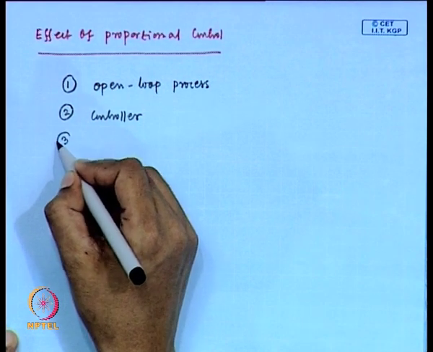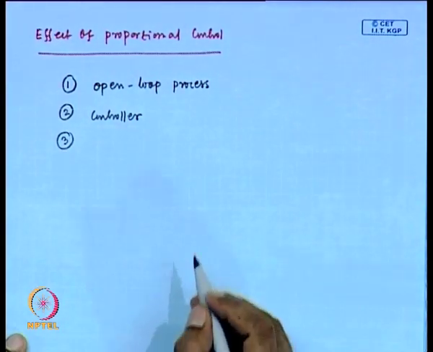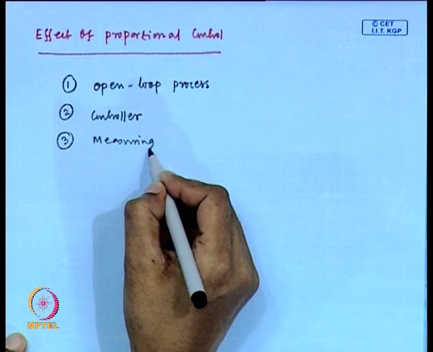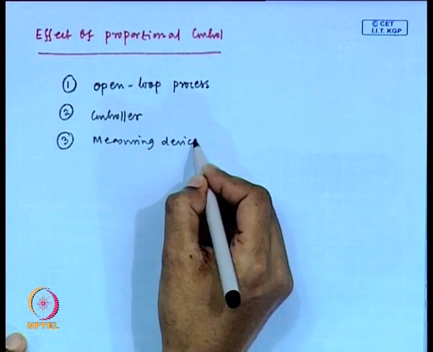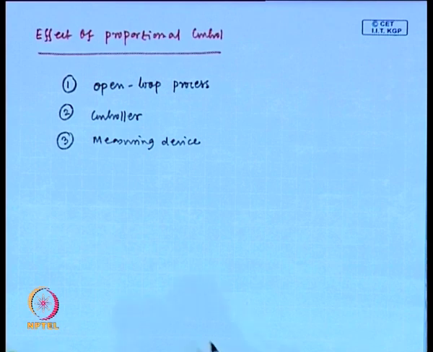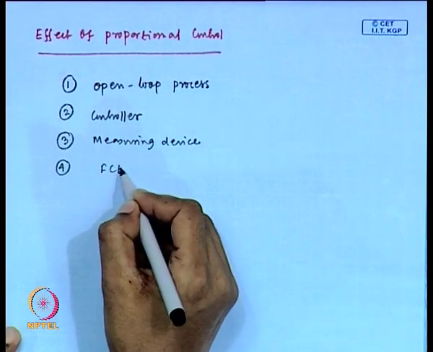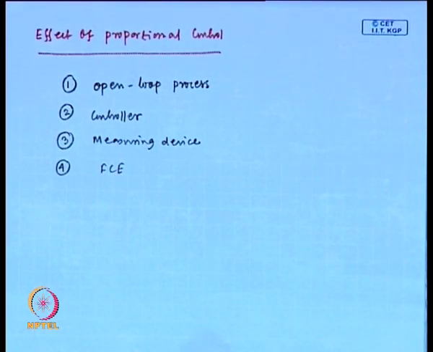Then we need one measuring device, and also we need one final control element to implement the control action.